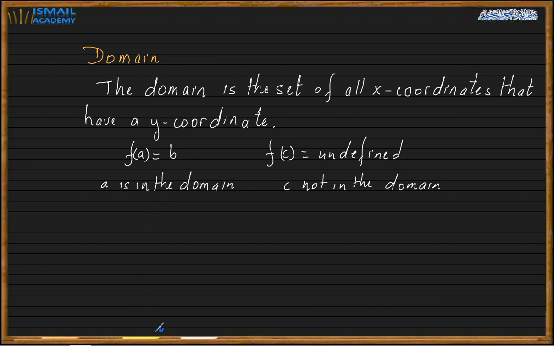And this is a note on the domain. Keep in mind that the domain of every quadratic function is all real numbers. You don't have to look for the domain, because every input in a quadratic function has an output.